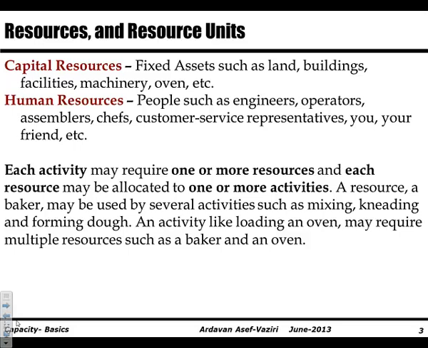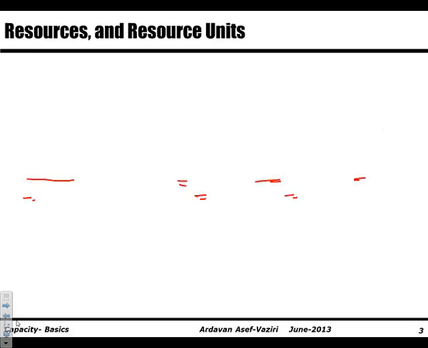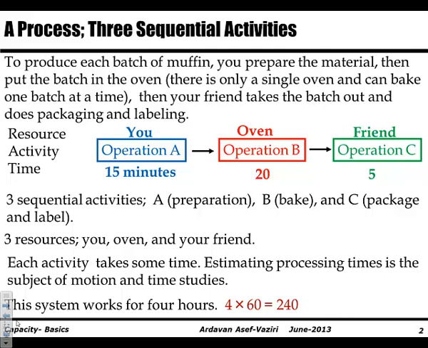Each activity may require one or more resources. Each resource may be allocated to one or more activities. In the example we had, each resource was allocated to only one activity, and each activity needed only one resource.